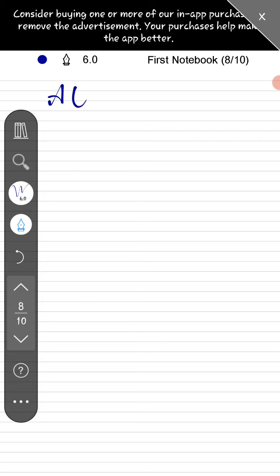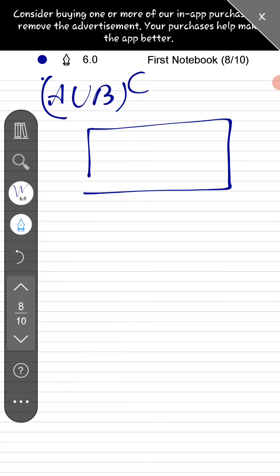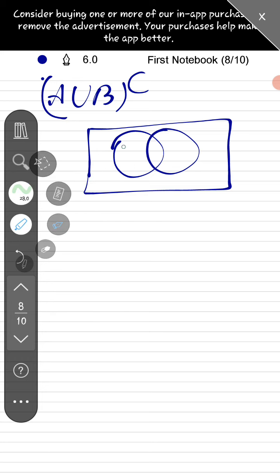Firstly, how can A union B complement be written? See here, how can it be drawn here? We all know this is set A and this is set B. So its complement becomes this, which I am highlighting here.